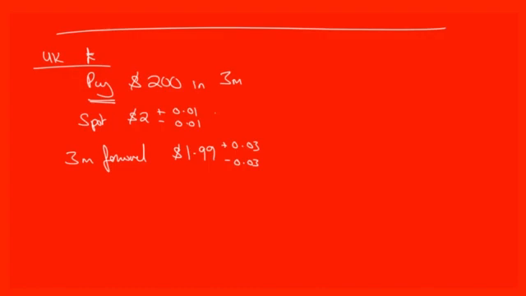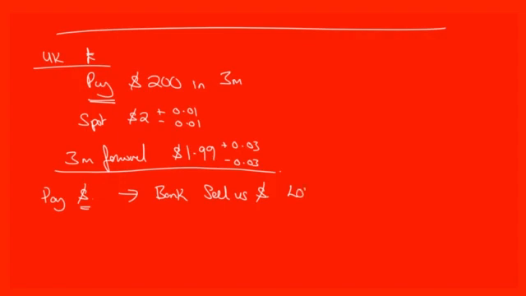So what would happen if we took the 3-month forward rate? We have to pay dollars. Dollars is the foreign currency. So you have to think to yourself, what will the bank do if we need to pay in dollars to somebody else, not to the bank? The bank will sell us some dollars, and they buy high and they sell low.